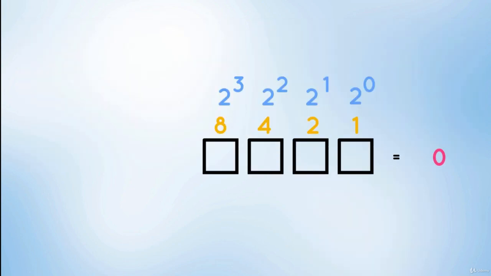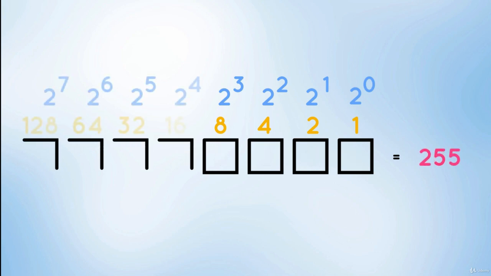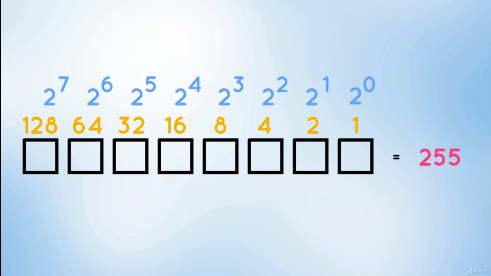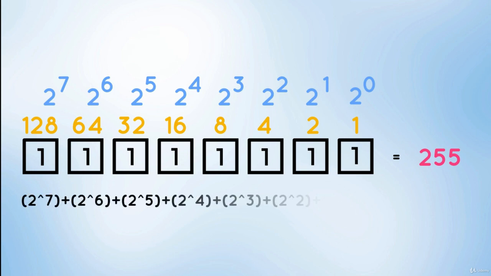Well, none of these numbers go into 0, so we leave 0 for each placeholder, leaving us with a binary representation of 0, 0, 0, 0. What about 255? Well, for that we'll need 8 placeholders, 2 to the 0 up until 2 to the 7, and so if you do the math we just talked about, you'll realize that its binary representation is all 1s. 8 1s, as all of these numbers add up exactly to obtain 255.